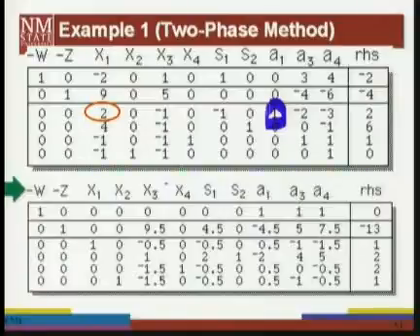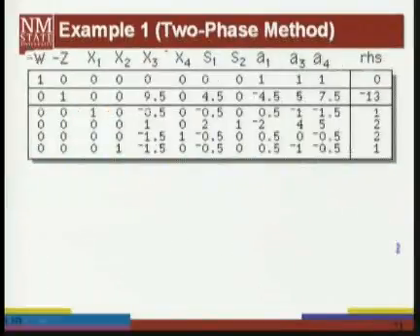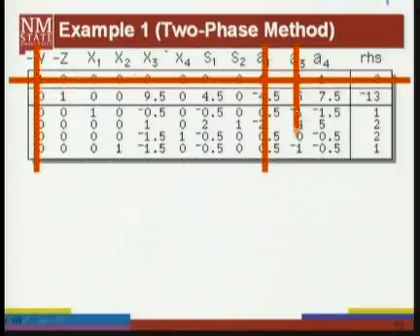And the resulting table says all the artificial variables are non-basic variables. Okay? Here, A1, A3, A4 are all non-basic variables, which means all of these artificial variables have the value of 0, right? So now we can drop the phase 1 objective row and the artificial variables from the table.